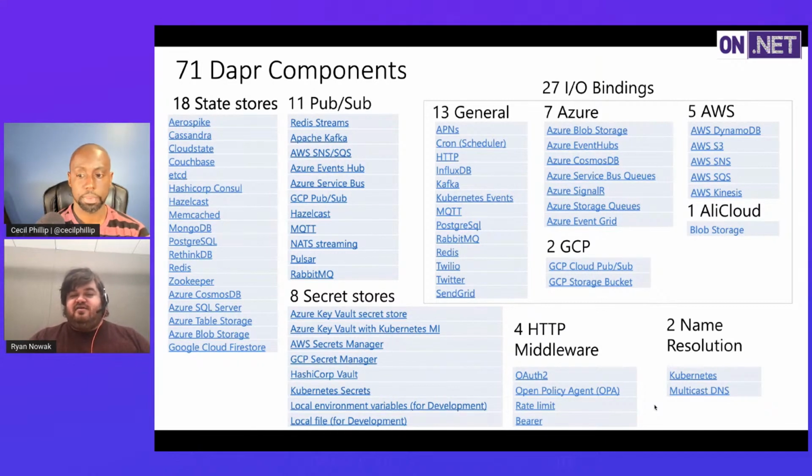So this list is pretty big. The vast majority of these were built by the community or people outside the core team, and this list is growing all the time. Donovan Brown joined our team pretty recently. Some of you folks might know who Donovan is, and he built a MySQL state store in his first week, which is pretty cool.